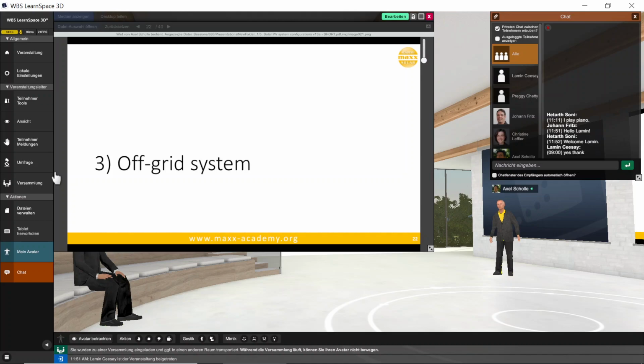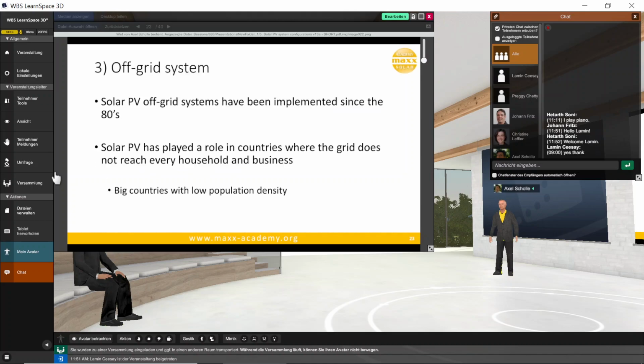It always had a role to play, because if there was no grid, then your alternative was a diesel generator, or the alternative was solar with battery, but it was still quite pricey, so you had to try and optimize that. But in the 90s, there were a number of resorts in Namibia, for instance, that we electrified with solar.